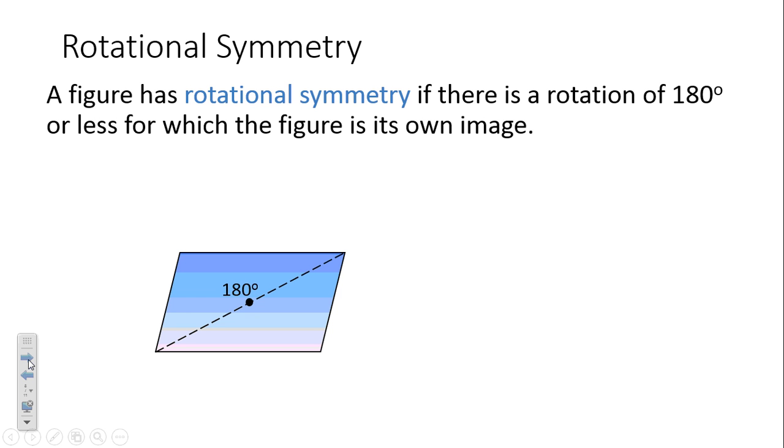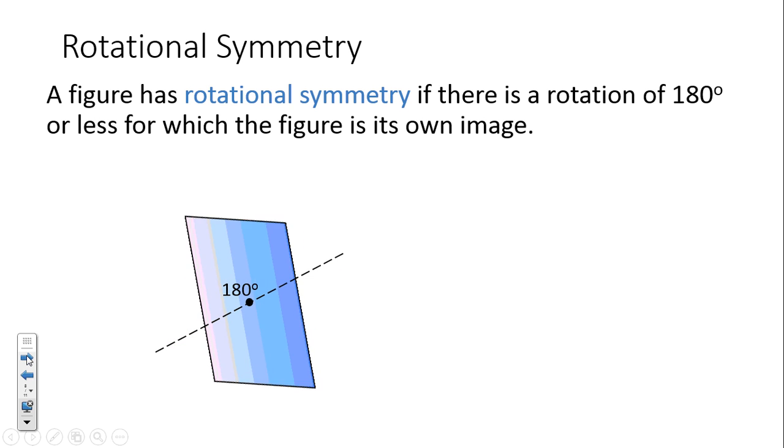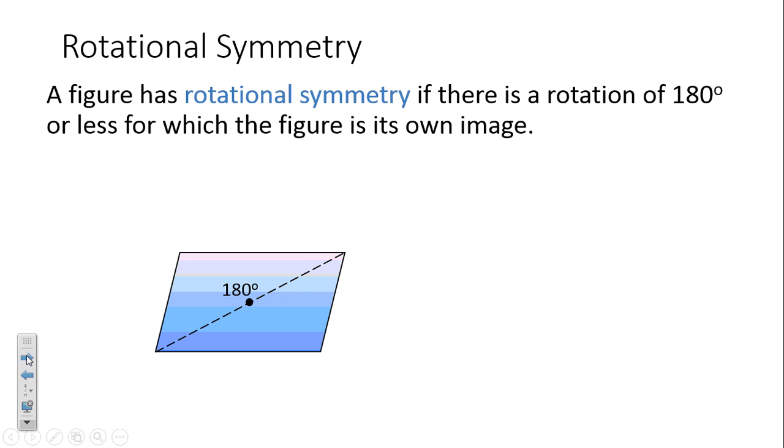Everybody ready? Eyes up here. AJ, eyes up here. Here we go. So watch it. Okay? Turn it 180 degrees and we get the same figure.